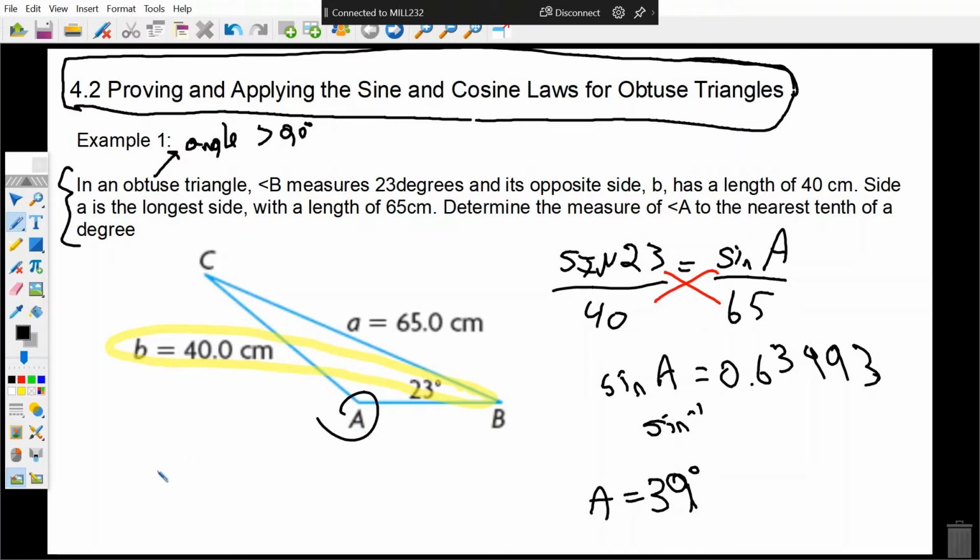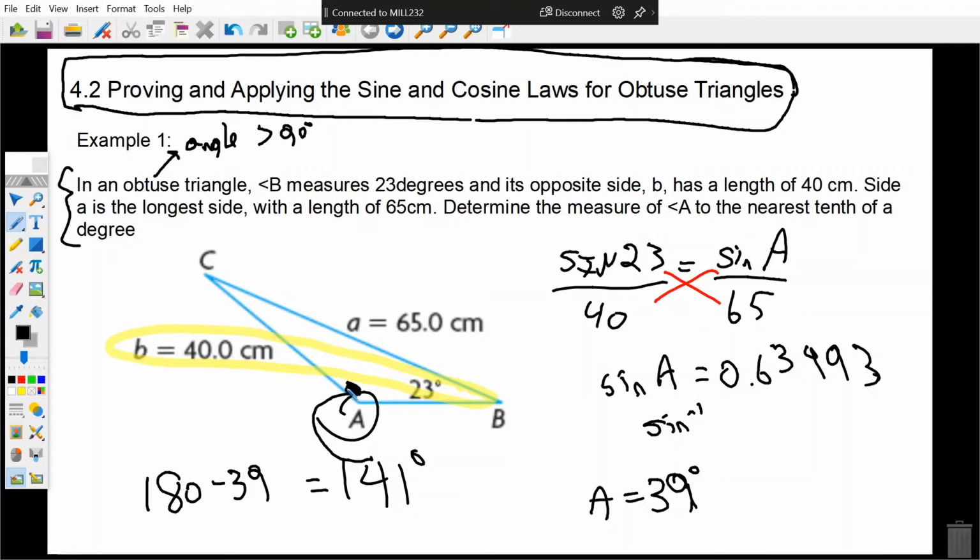So we say, okay, well, 180 minus 39 is 141. Sine of 39 is equal to sine of 141, so angle A is actually 141 degrees, which is a lot more realistic given our diagram, okay? And basically in all the questions, it's fairly easy to tell if that angle is realistic or not.